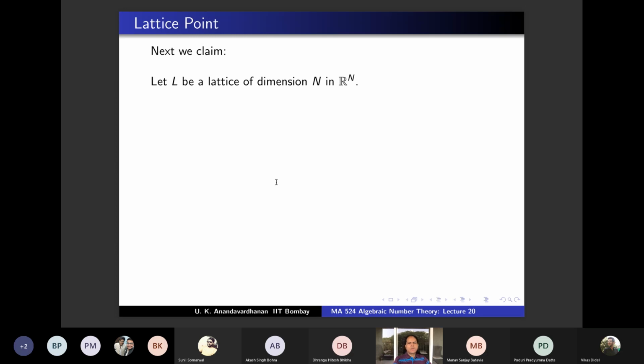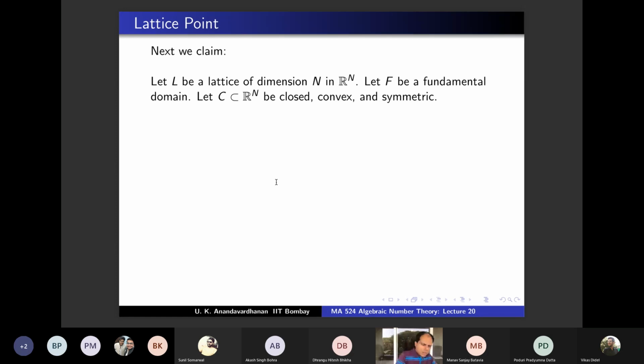Let L be a lattice of dimension n in Rn, and let F be a fundamental domain of this lattice, and let C be a measurable subset of Rn, and assume these three conditions: that it is closed, it is convex. What is convex? Any line joining any 2 points is strictly inside.